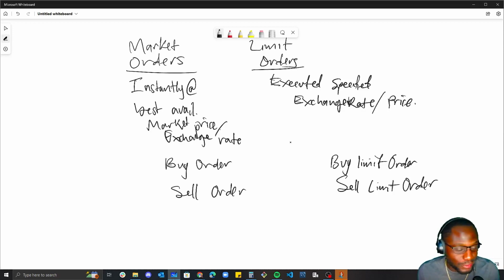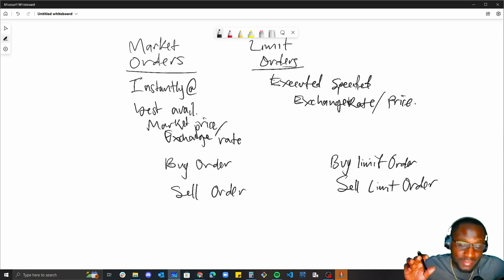Basically, a market order is going to be executed instantly at the best available market price, and a limit order is an order that's going to be executed at a specified exchange rate. And you can set this to expire at the end of the day, or whenever you plan on expiring it, which is good till canceled.